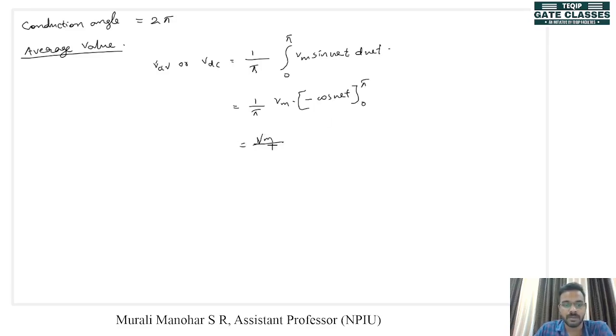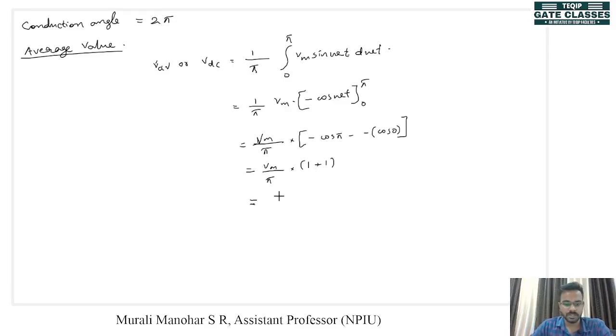So it becomes Vm by pi into minus cos pi minus minus of cos 0. This Vm by pi into minus cos pi is minus of minus 1, which is 1, minus of minus is plus, cos 0 is 1. Now the average value is 2 Vm divided by pi.